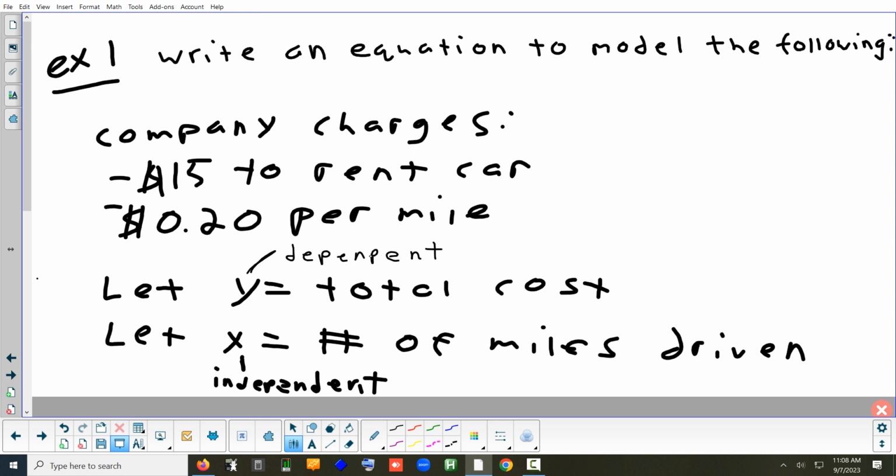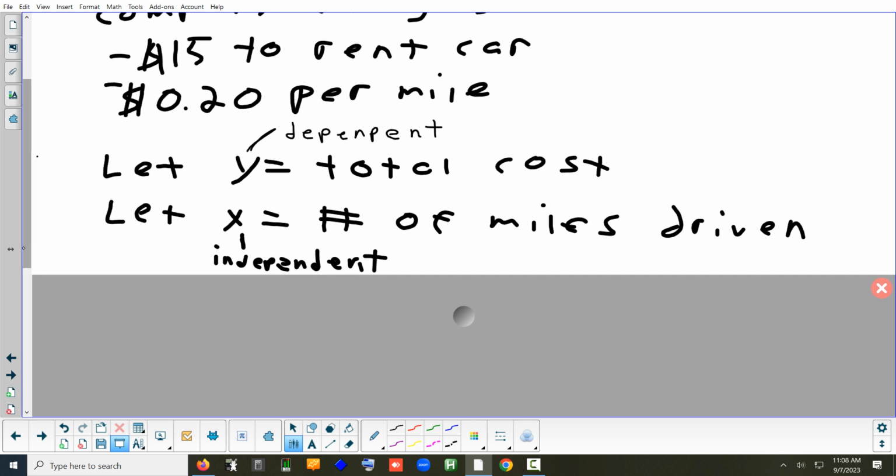Cost is dependent. Anything that depends on something else to figure it out is always the y variable. Any question on that? A lot of times money is a dependent variable, and money is controlled by maybe how many hours you worked or something like that. Money is often dependent.